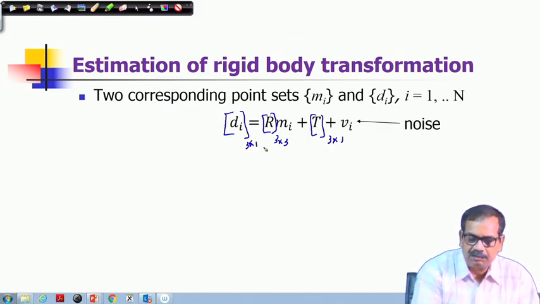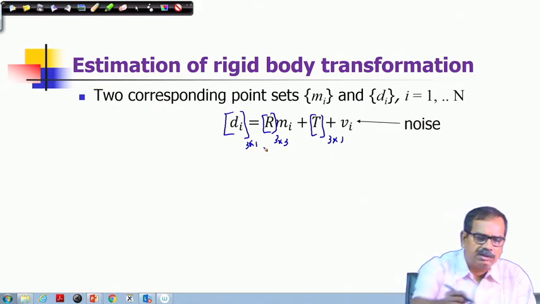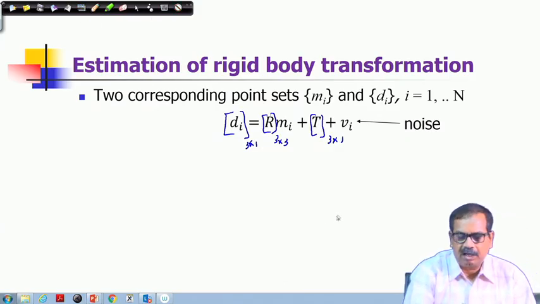This is how these relationships are established. Now, our objective is to compute these parameters R and t in the presence of noise.